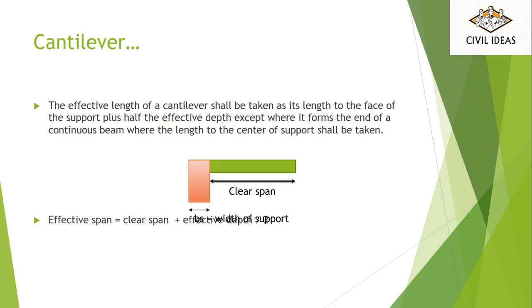Now in a cantilever, the effective length of a cantilever shall be taken as its length to the face of the support. This is called the face of the support. Face of support plus half of the effective depth, where it forms the end of the continuous beam, the length to the center of the support shall be taken.